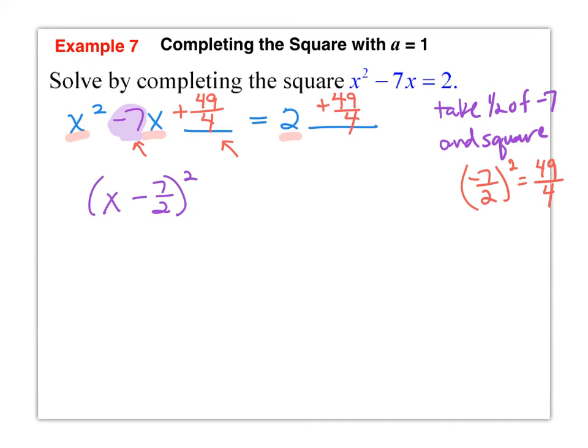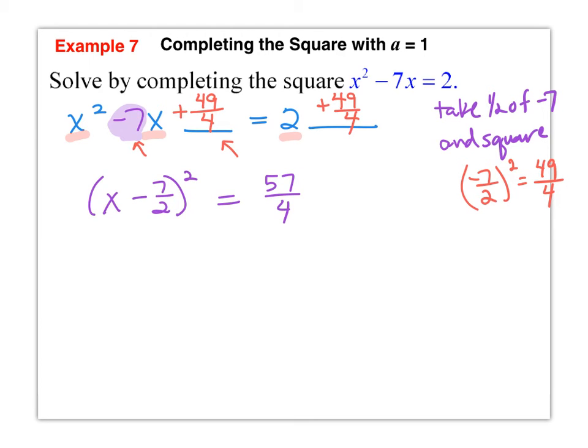And when you add those, you do get negative 7. And then on the right side, we have 2 plus 49 over 4. You can add those together, getting a common denominator, and write this as 57 over 4 on the right side.